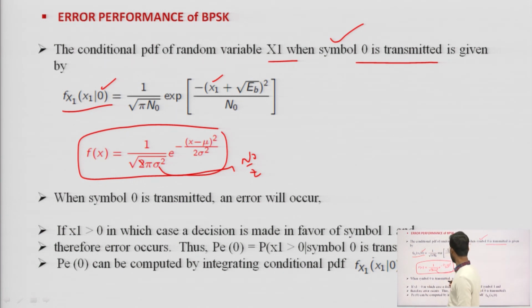When 0 is transmitted, an error will occur if x1 is greater than 0, in which case a decision is made in favor of 1. If x1 is greater than 0, I consider it as 1, and that is why the error occurs. So the probability of error when 0 is transmitted is the probability of x1 greater than 0 given symbol 0, which can be computed by integrating the conditional PDF.